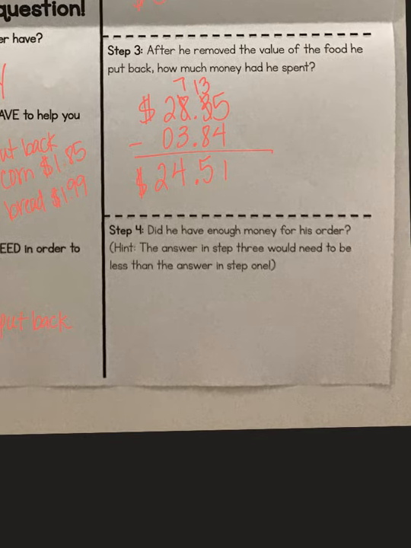So let's look at that last step. Did he have enough money for his order? How much money did he start with? $25. How much is he spending now? $24.51. Did he have enough money? Yes, he has enough money.